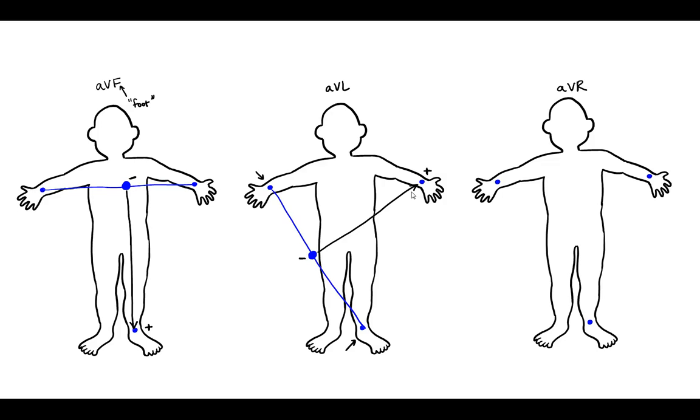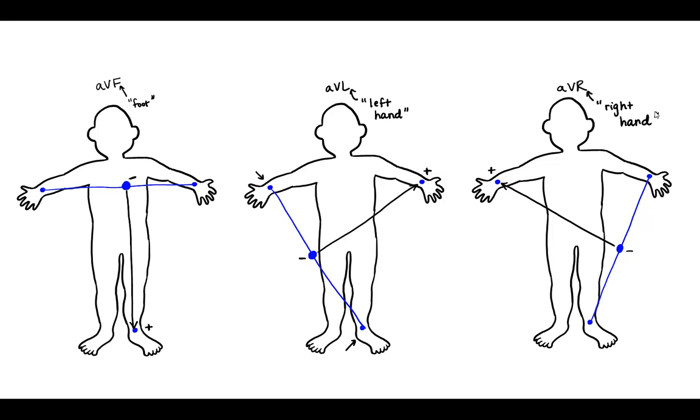And AVR, similarly, is where you have your positive electrode right here, your negative electrode being the average between the 2 remaining, and then you can draw in your vector like this. And I keep the names of AVL and AVR straight by saying the L stands for left hand, because the vector is pointing to the patient's left hand, and AVR, the R stands for right hand, because the vector is pointing at the patient's right hand.